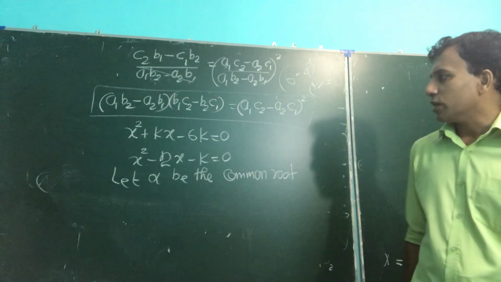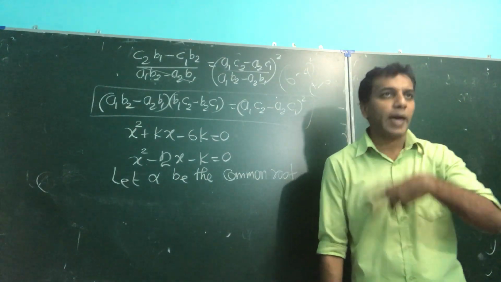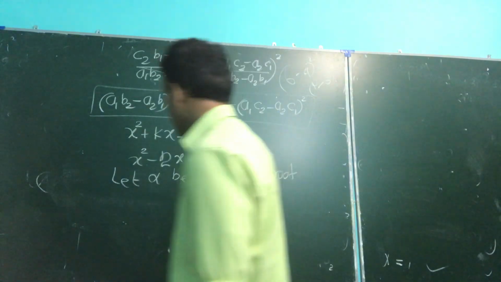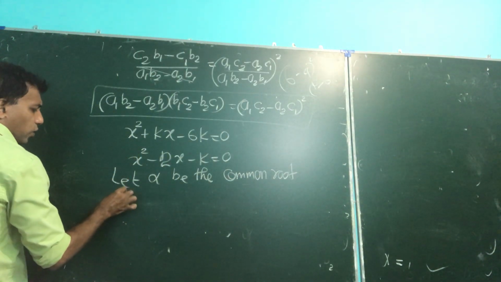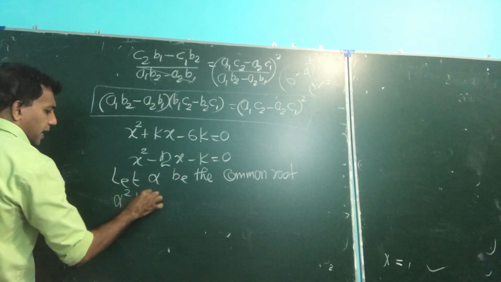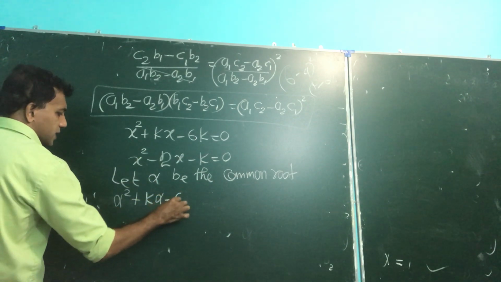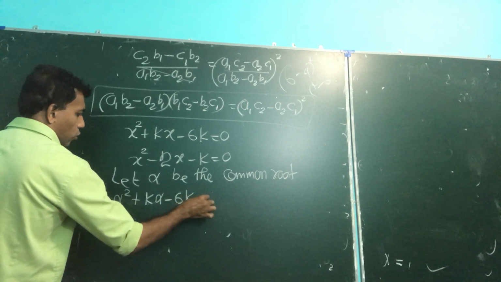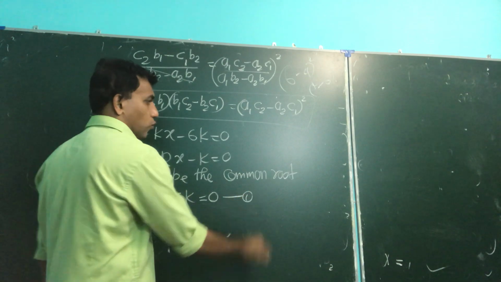Then if you know one root for a particular equation, you can apply it. Then put x for alpha. Alpha square plus k alpha minus 6k equal to 0, right? Same first equation.